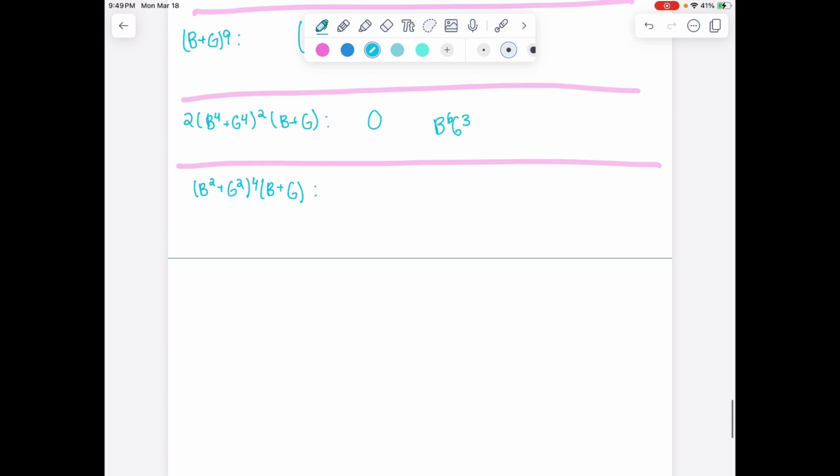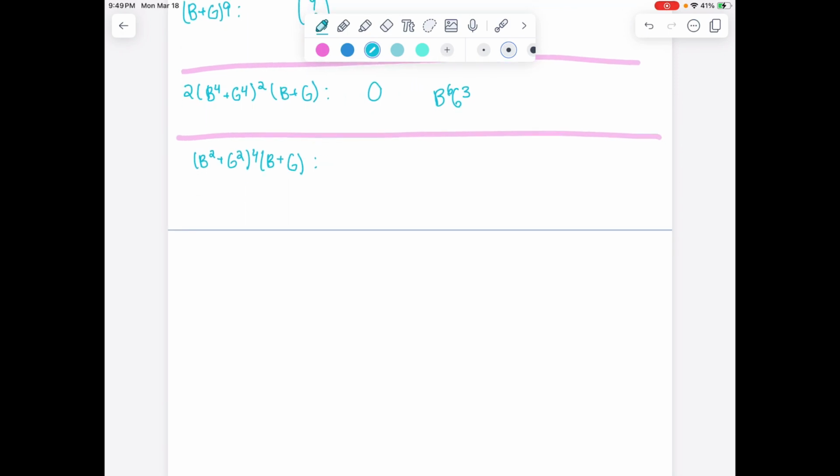And then this one, since g is odd, we would have to choose one g from here, and then that leaves us with finding g squared left. And there are 4 choose 1 ways to pick g squared, we just want to choose one more g squared, and then the remaining 3 are our b squared, and there's 3 of those, so that gets us to b to the 6. So this is just 4 ways.